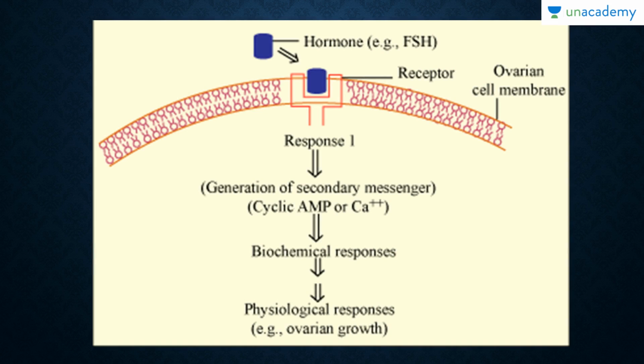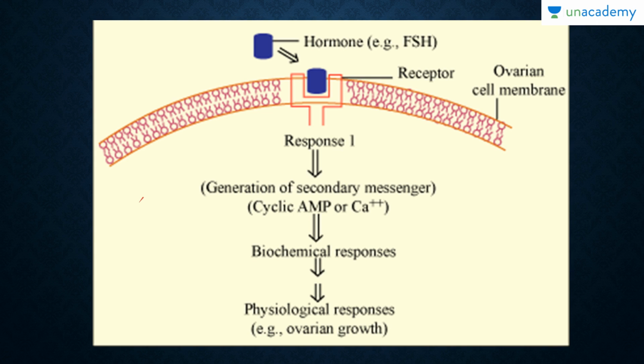So let's try to understand the functioning of the peptide hormone through the help of a diagram. Let's say we have a hormone here such as FSH. Now this hormone comes here and attaches itself to its own specific receptor. So this is the cell membrane, right? FSH, the follicle stimulating hormone, is of course a membrane bound hormone.